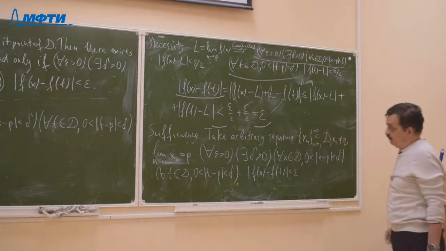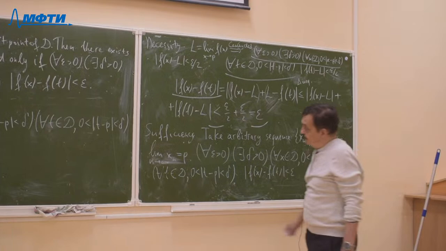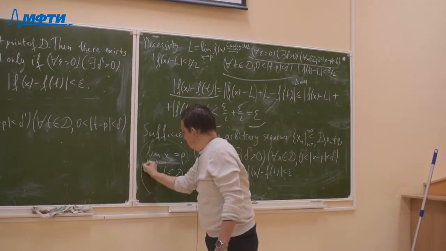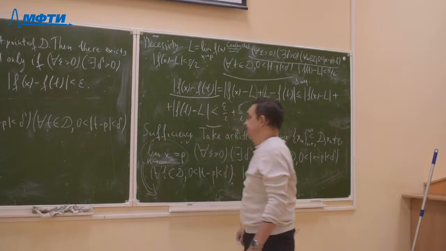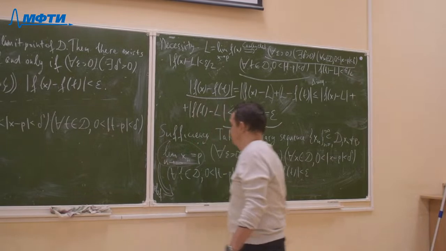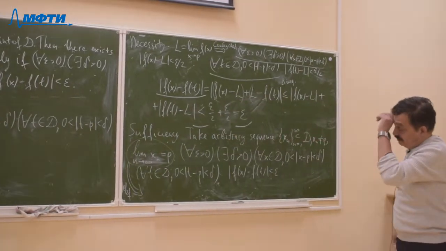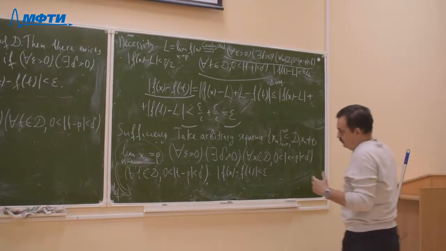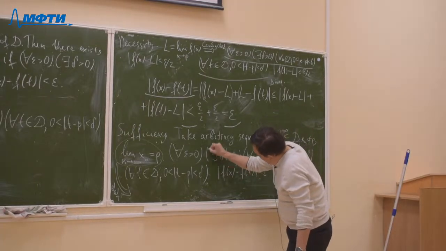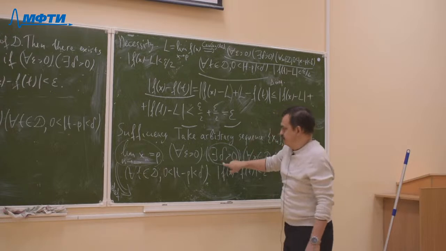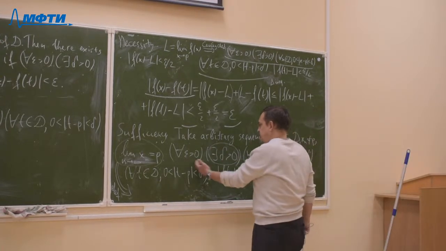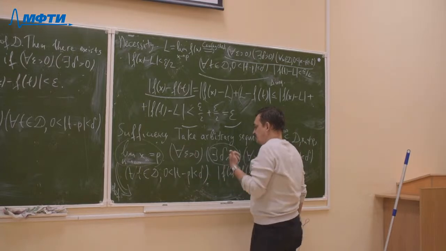Okay, now from the definition of the limit, what do we deduce? For an arbitrary positive number, and I'll take here just that one, delta, which we can choose from arbitrary epsilon.